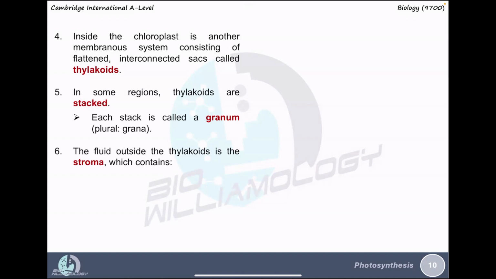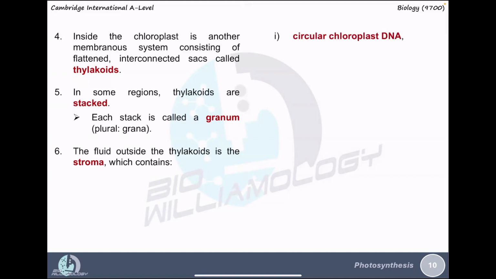Please be careful when you write the word stroma, do not misspell it as stoma, okay? Stoma is the opening of the lower epidermis where it allows gas to diffuse in and out of the leaf.